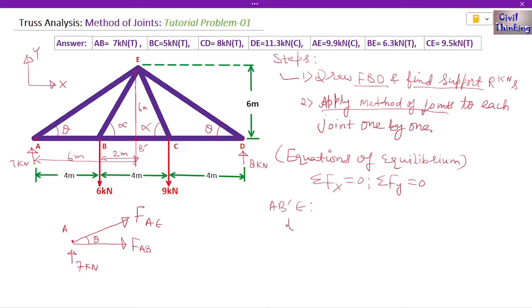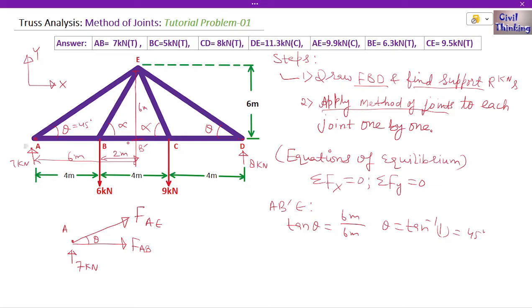Tan theta is going to be 6 meters divided by 6 meters. So 6 by 6 is 1, so theta is tan inverse of 1, which is 45 degrees. So this theta is 45 degrees.